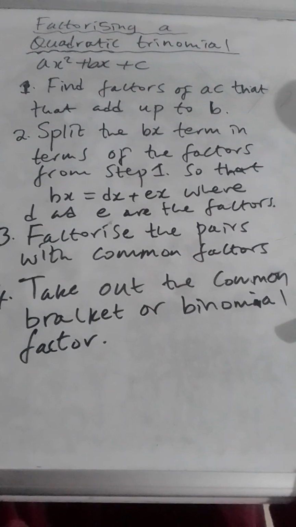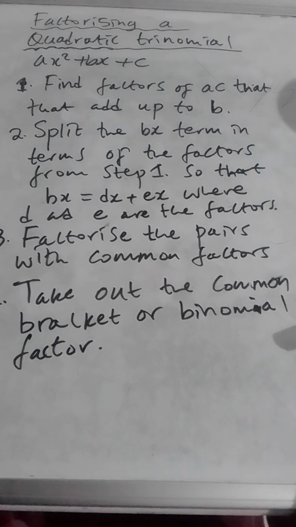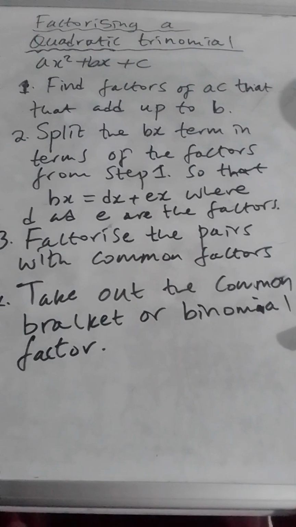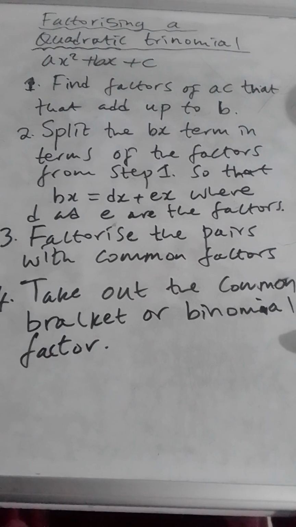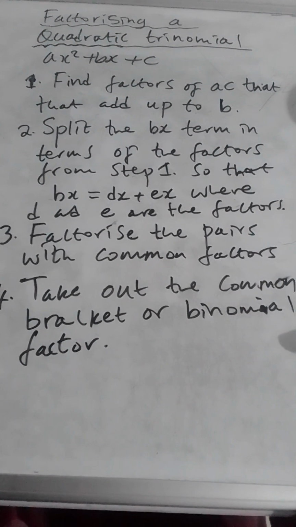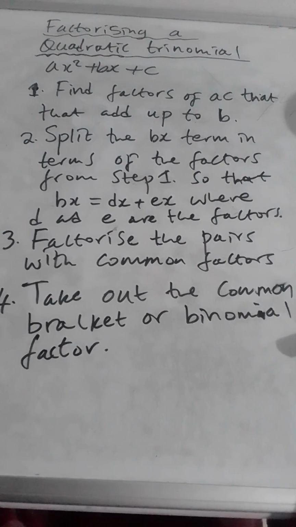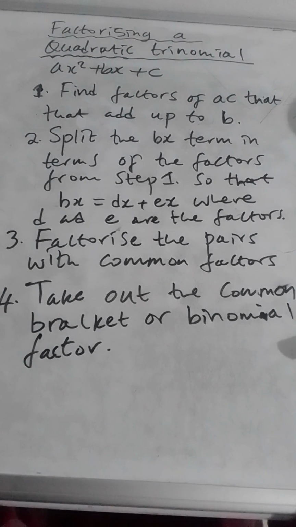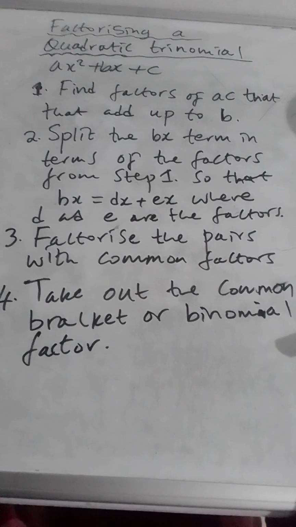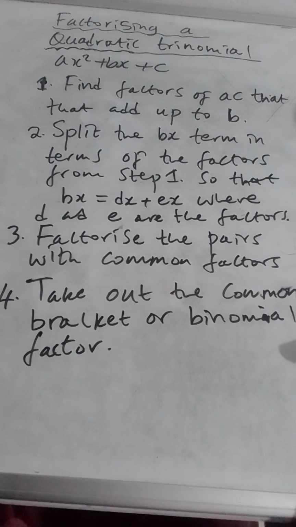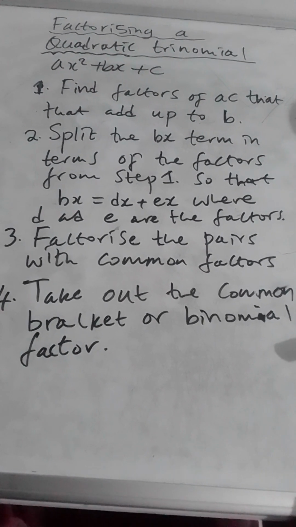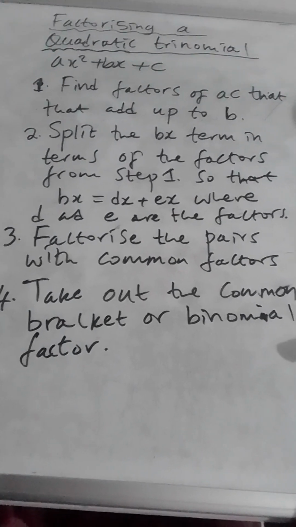Right. So we have 4 steps. Find factors of AC that will add up to B. Then split the BX term in terms of the factors, so that BX is equal to DX plus EX, where D and E are the factors found from step 1, and then factorize the pairs with common factors. But do not pair the terms that were made from the factors found in step 1 together.